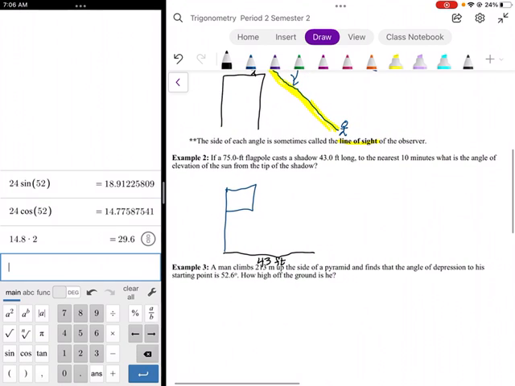And we know the height of the flagpole is 75 feet. They want us to find the angle of elevation of the sun from the tip of the shadow. So here's the tip of the shadow, and our angle of elevation is going to go up and past the flagpole, but it's going to go through the top of the flagpole, and it's going to be where the sun is.